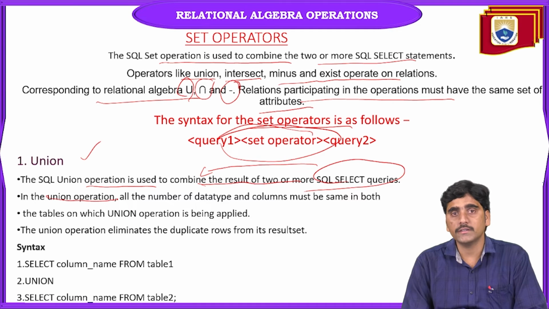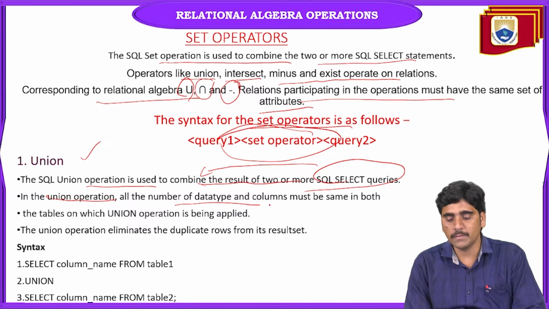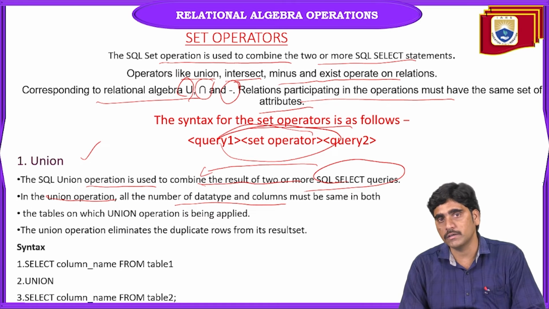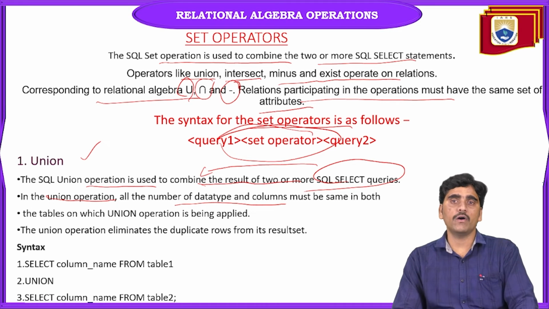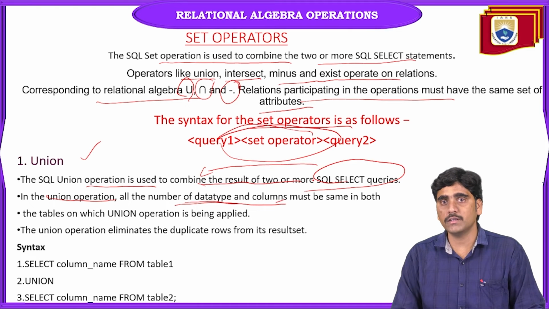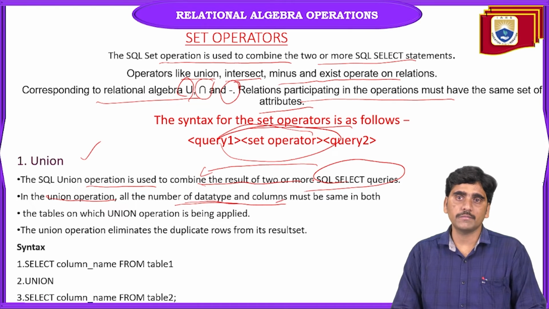In the union operation, the number of columns and their data types must be the same in both the tables on which the union operation is being applied.